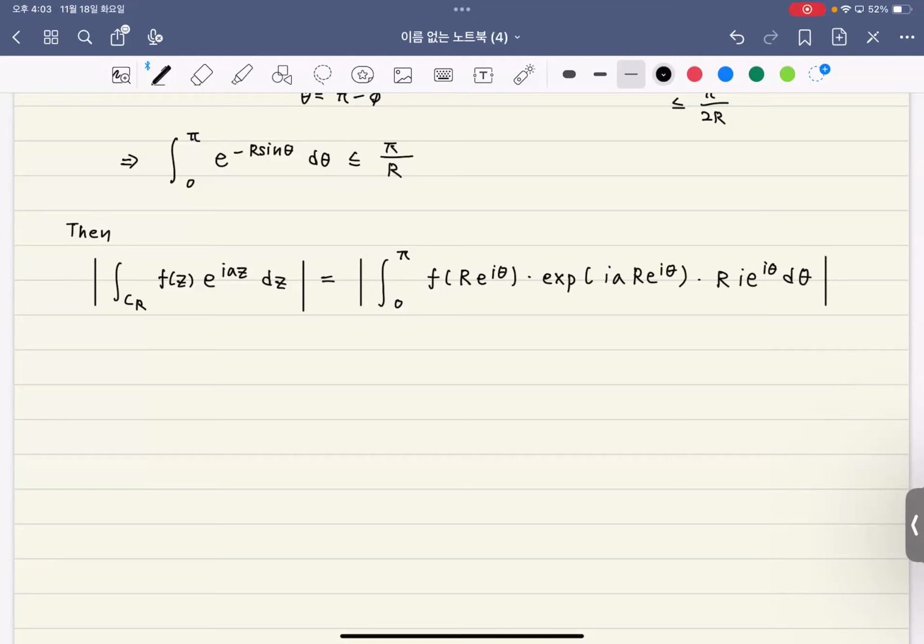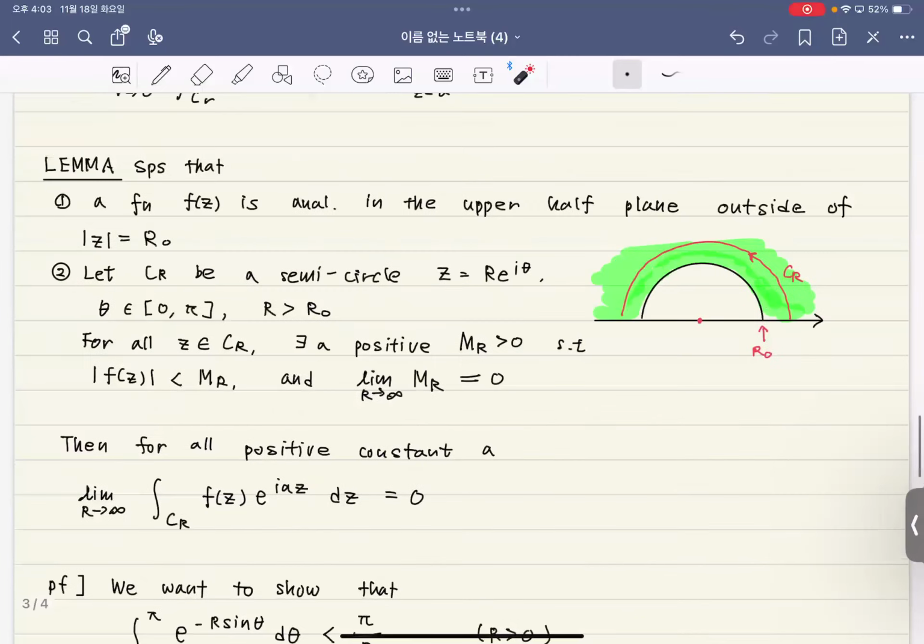And you know what? This is a point on the circle C_R, and we already know that this number is bounded by M sub R, which is given by the hypothesis here.